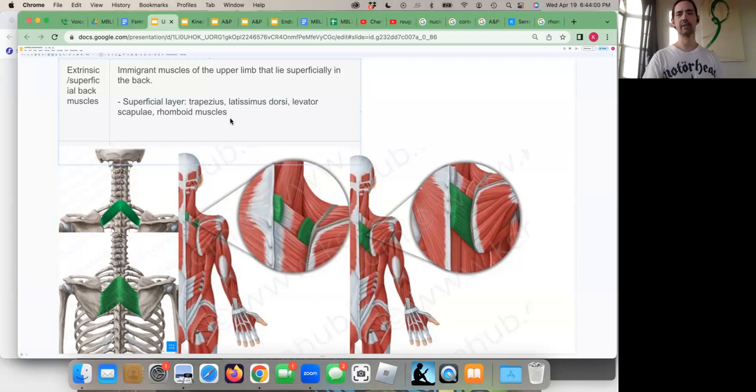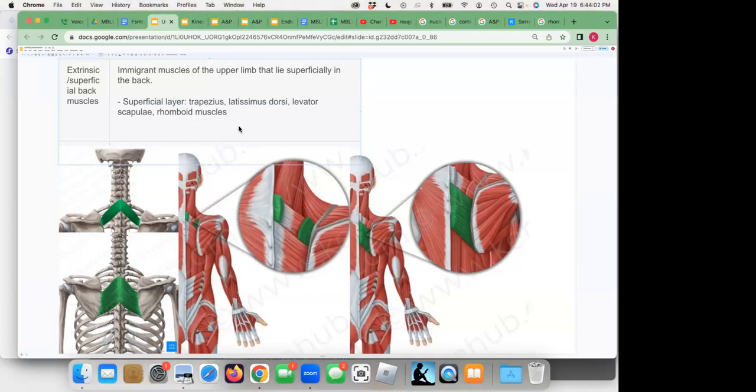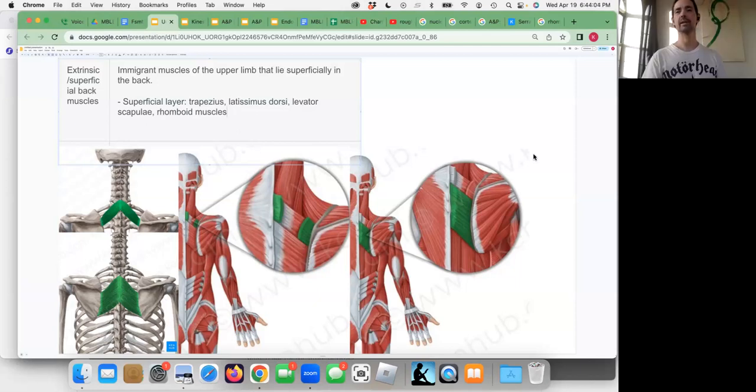The levator scapula. And remember that the name levator scapula means elevating the scapula.